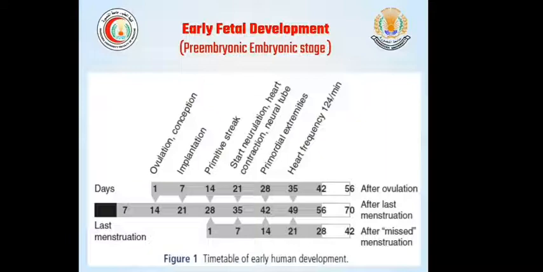Number 1 is the pre-embryonic stage, which is the stage of fertilization and implantation. It is from day 0 to 14 days.